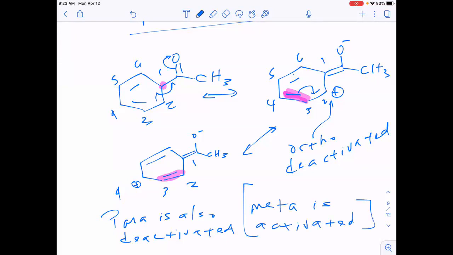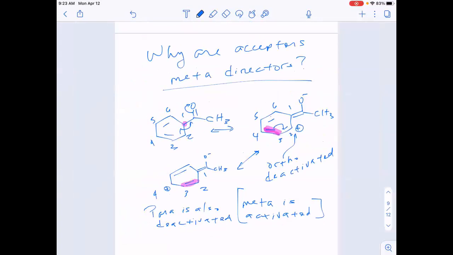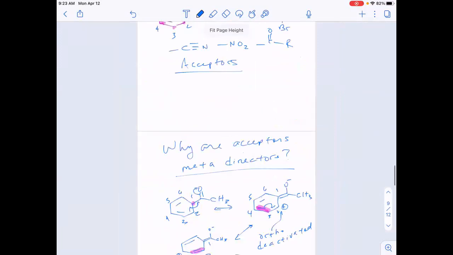All right, so that's why an acceptor on the ring acts as a meta director. When you put a donor on the ring, we already saw that up top. It acts as an ortho para director. All right, any questions about that? About the directing effects?